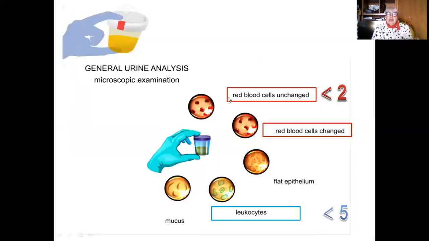So what I want to stress, for the first, the changed red blood cells are typical in the urine for the pathology of lower urinary tract disorders. And when they are changed, we will think about kidney pathology, and it is very important for the diagnostic process.